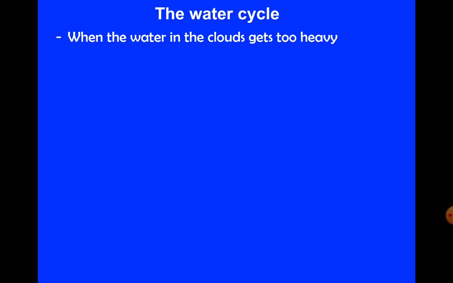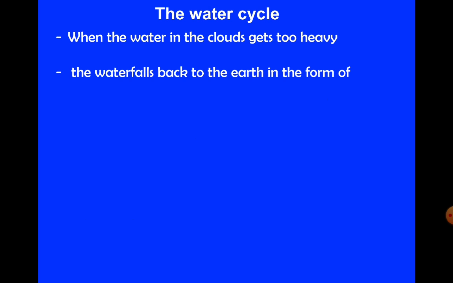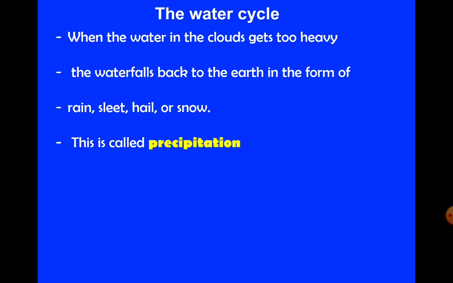Now, when the water in the clouds gets too heavy, what's going to happen? It falls back to the earth in the form of rain, sleet, hail, or snow. Or sometimes you also see low-hanging clouds, like fog. But especially rain, sleet, hail, or snow, we call that falling down. It's called precipitation.